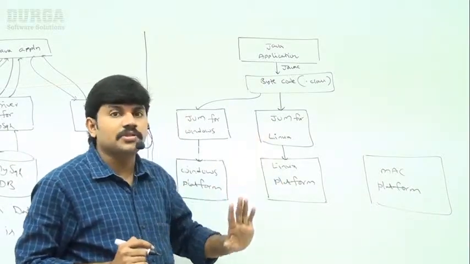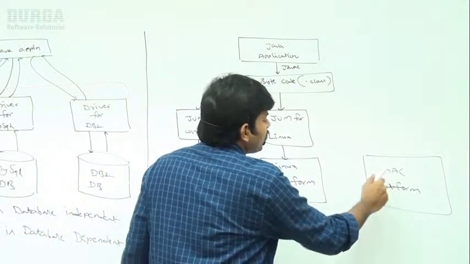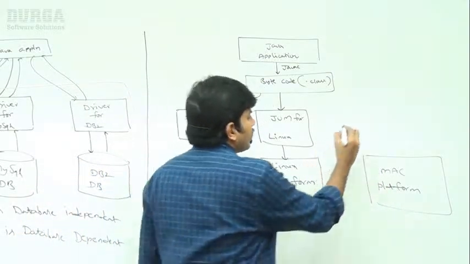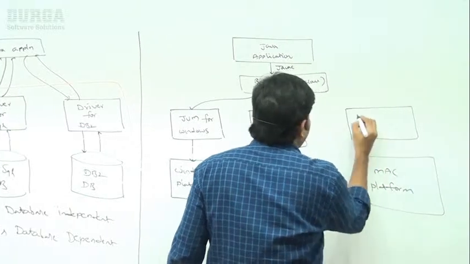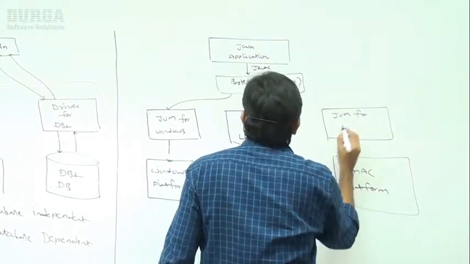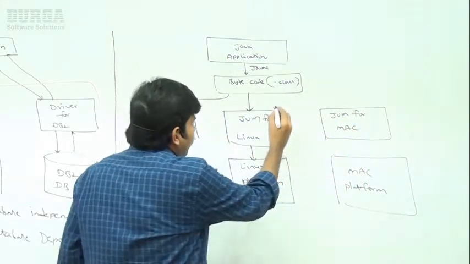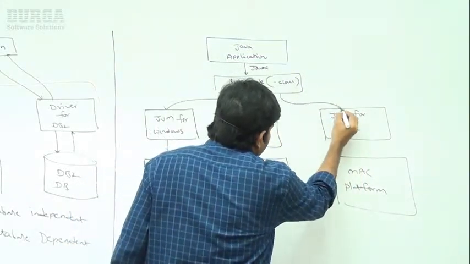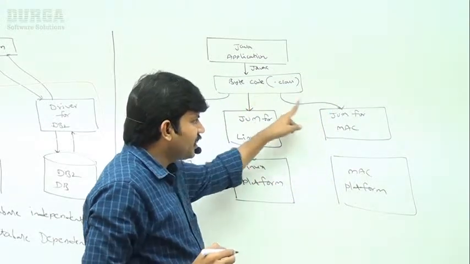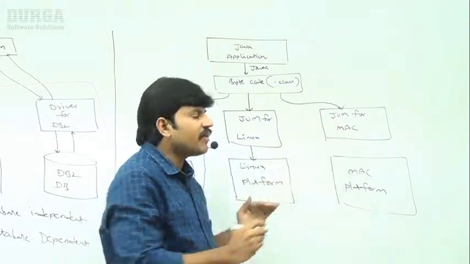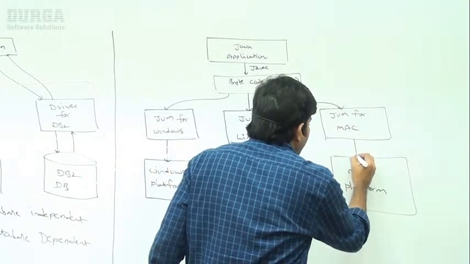JVM is responsible. Same way, I want to run on the Mac platform. Then compulsorily we require JVM for Mac. This bytecode will be the input for this JVM. This JVM will provide the corresponding Mac specific code.